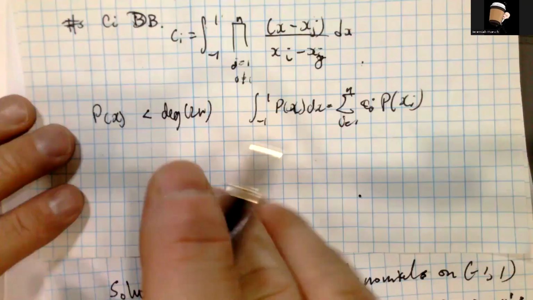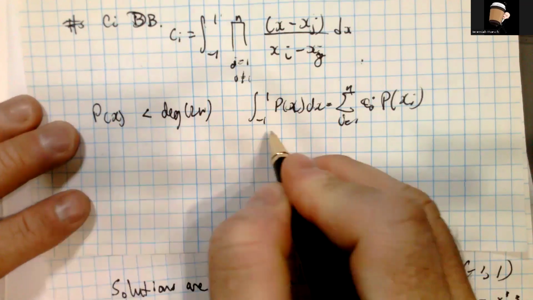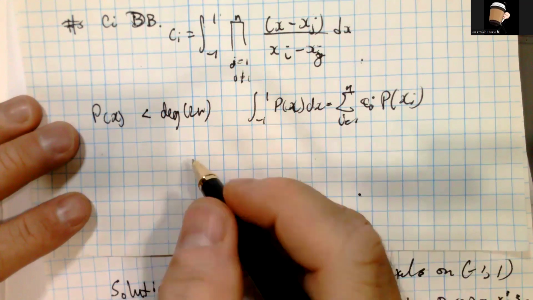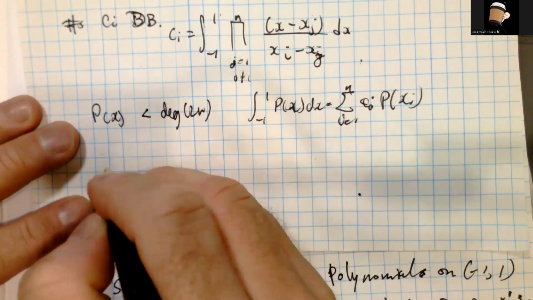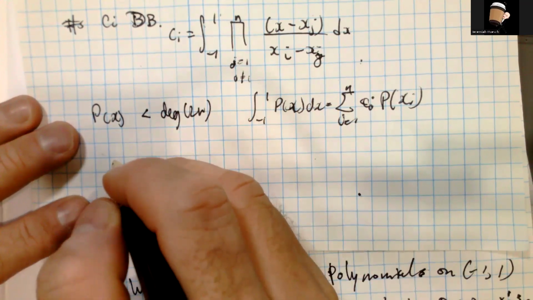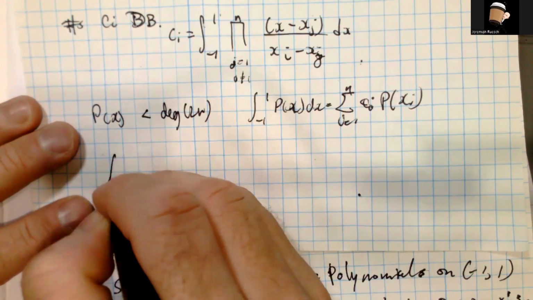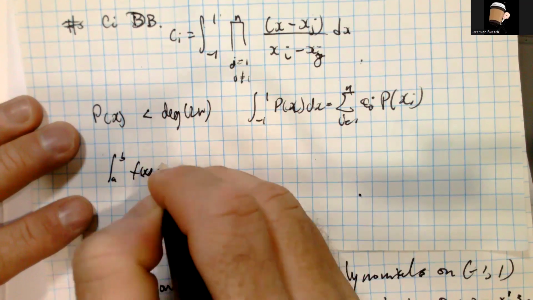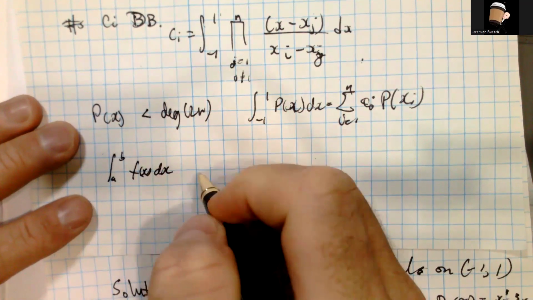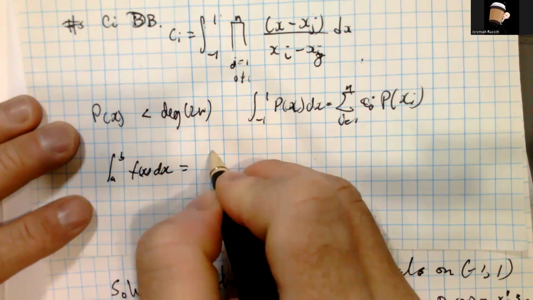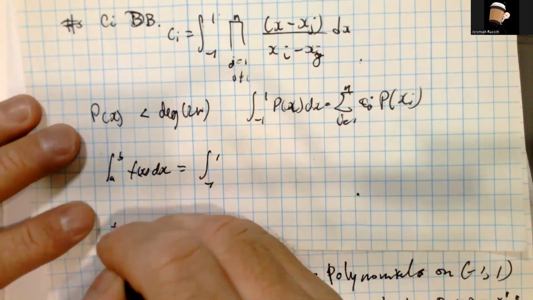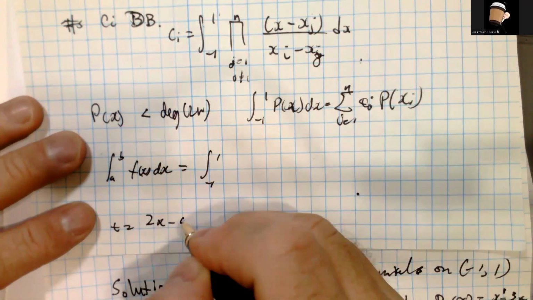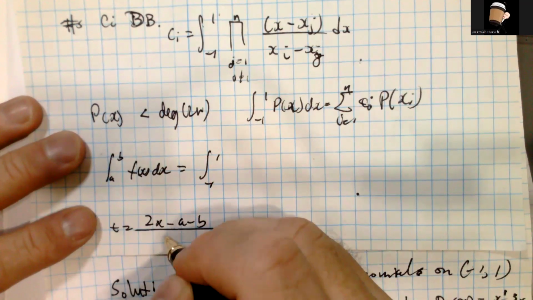And then the last thing I just wanted to tackle is that you may notice that these limits of integration are always between -1 and 1. If you have an integral, let's say between a and b of f of x dx, you can actually translate that into an integral over the region from -1 to 1 if you let t equal (2x - a - b) over (b - a).